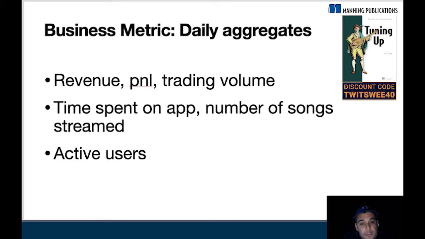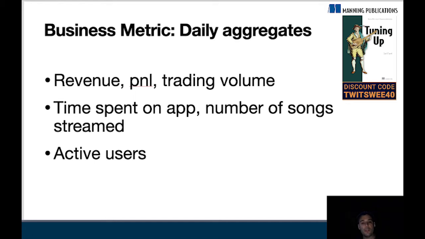Other daily aggregates might be the time spent on an app. If you're running a website or a web app like a social media app, you might be concerned with having users spend more time on your app, so you can ultimately show them ads. You want them to be engaged in using your product, otherwise there's no point in building it.